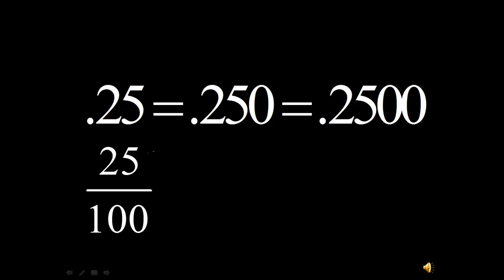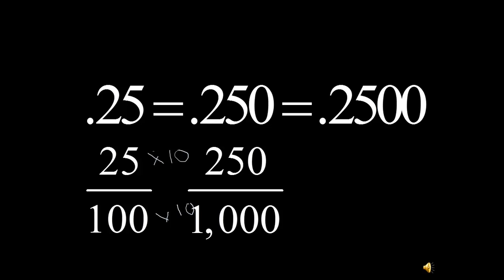Likewise, we could turn this into an equivalent fraction by multiplying by the exact same number in the numerator and the denominator, in this case 10, to get an equivalent fraction.